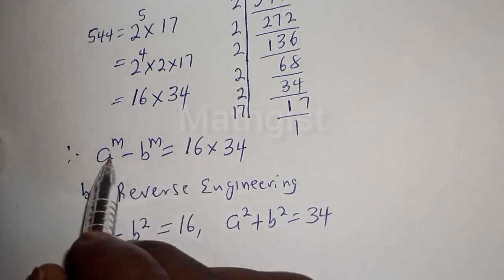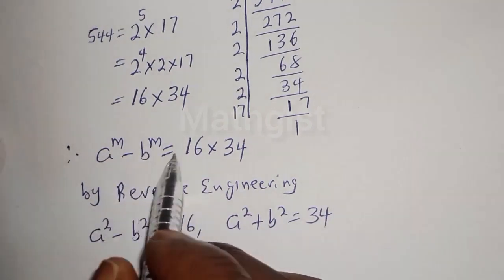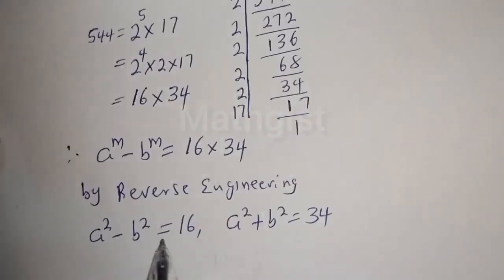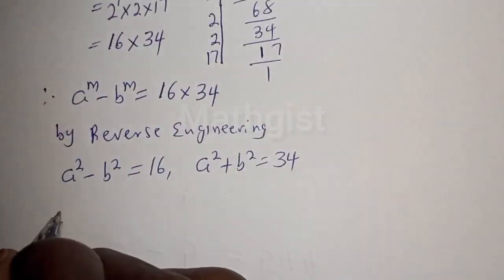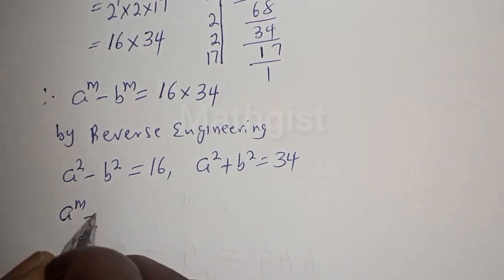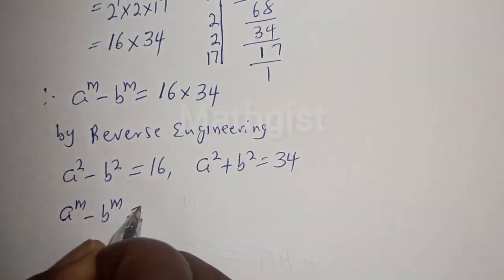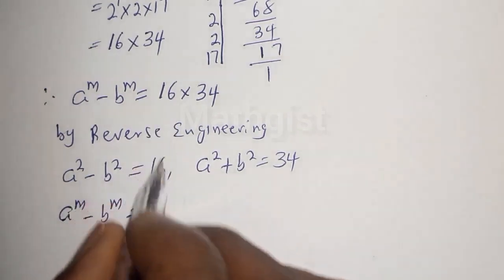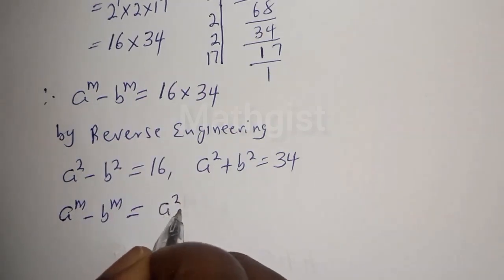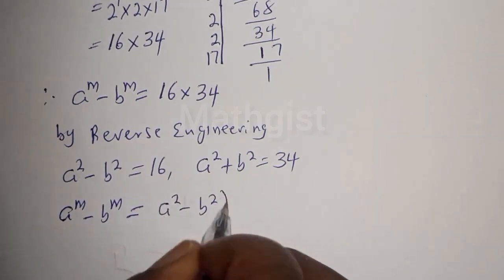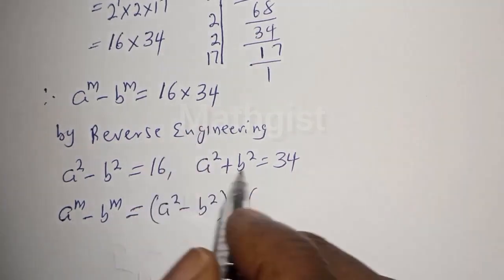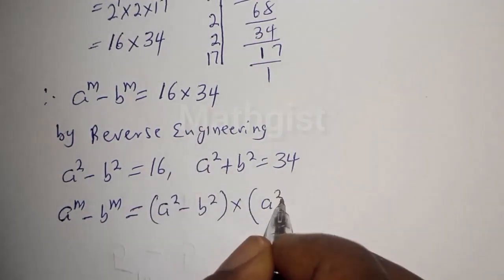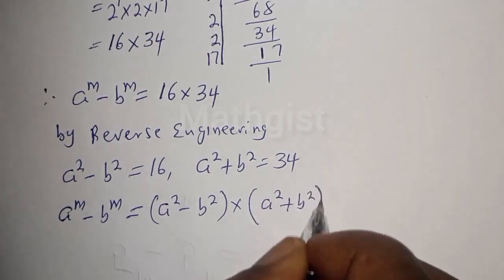And here we have a raised to power m minus b raised to power m is equal to 16 multiplied by 34. Let's substitute for this. A raised to power m minus b raised to power m will be equal to 16 is a square minus b square multiplied by 34 is a square plus b square.